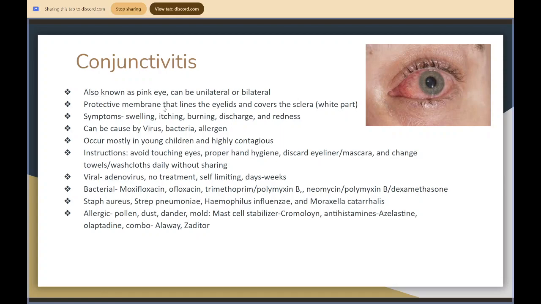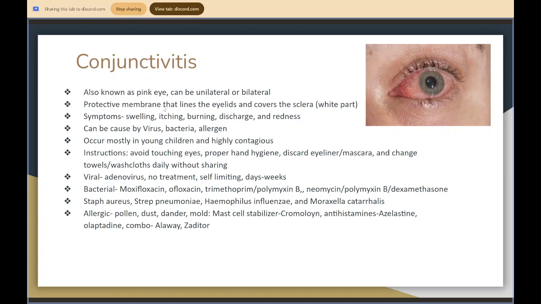Neomycin, polymyxin B, dexamethasone, or trimethoprim, polymyxin B. The fluoroquinolones, moxifloxacin or ofloxacin, these have wider coverage, and as we empirically, or without cultures and sensitivity, will treat conjunctivitis, defaulting to a broad spectrum is sometimes easier.